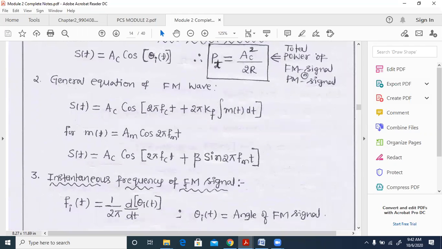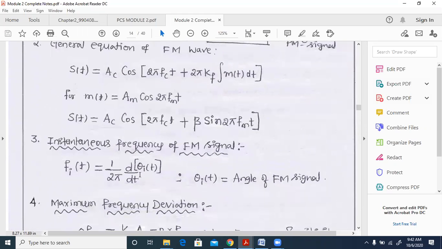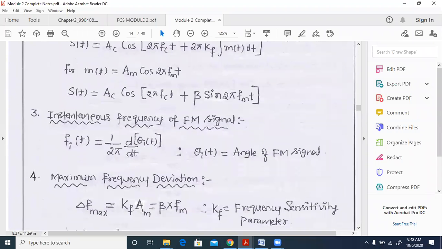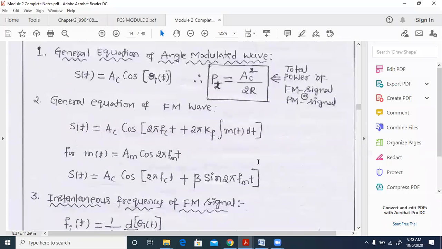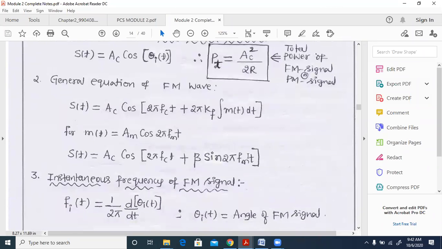Then we have the instantaneous frequency of the FM signal, which is written as fi(t) equal to 1 by 2 pi d by dt of theta i(t). Okay, this is the instantaneous frequency of the FM signal, where theta i(t) is the angle of the FM signal, which is written over here. So whatever we have here, depending upon whether it's an FM or PM signal.